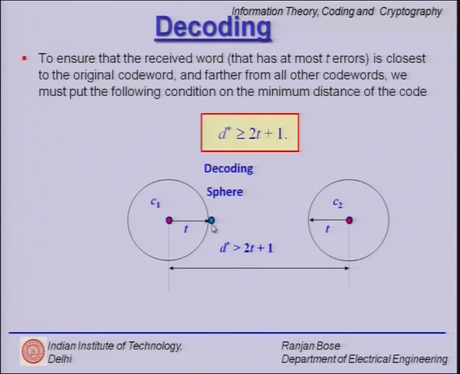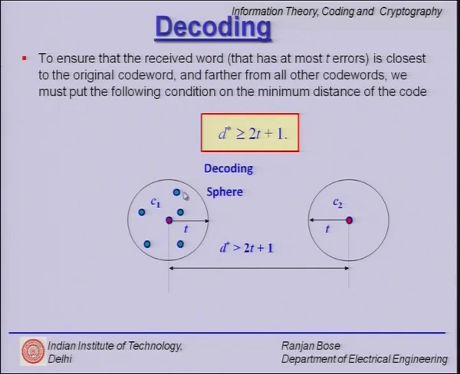But if the circumferences of these 2 circles touch each other and a vector lies on this, then we do not know, because it is equidistant from C1 and C2, and we cannot do nearest neighbor decoding. Otherwise, if a vector is sitting inside this sphere, then if it is received, most likely C1 was transmitted, not C2.